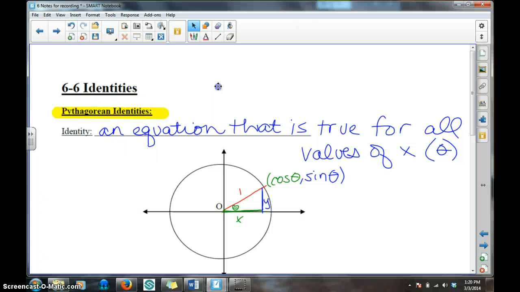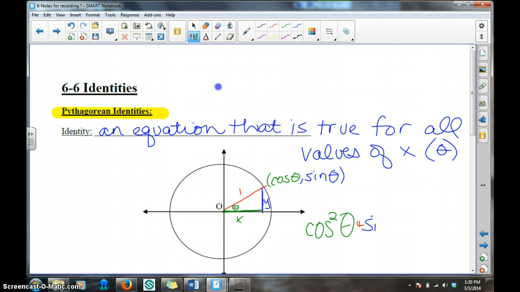So if I'm going to now apply the Pythagorean theorem to this particular triangle, instead of saying x squared plus y squared equals 1, I'm going to say that cos squared plus sine squared equals 1.